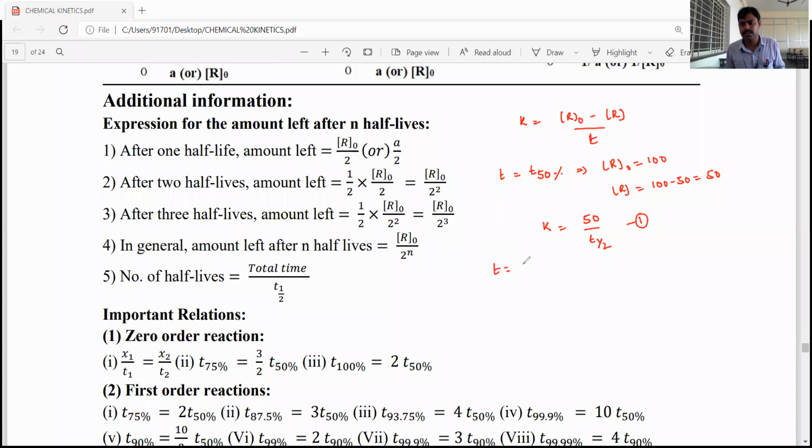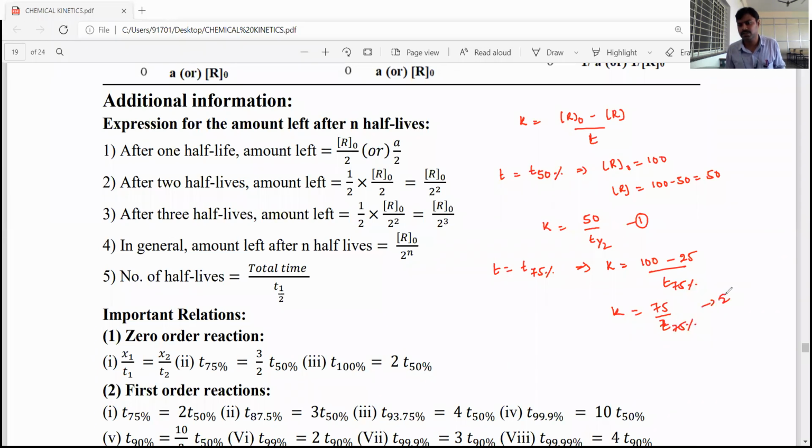In the same way, if t is equal to t 75 percent, the reaction is 75 percent completed and the reactant left is 25 percent, dear students. Then K is equal to (100 minus 25) divided by t 75 percent, so K is equal to 75 by t 75 percent.